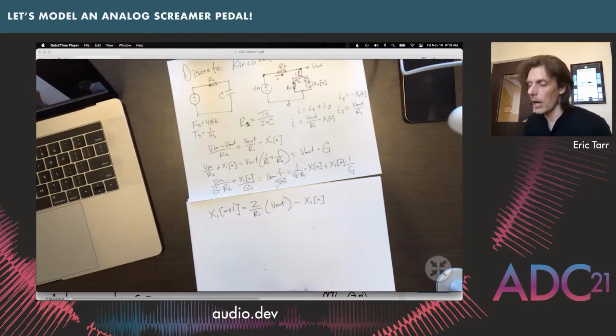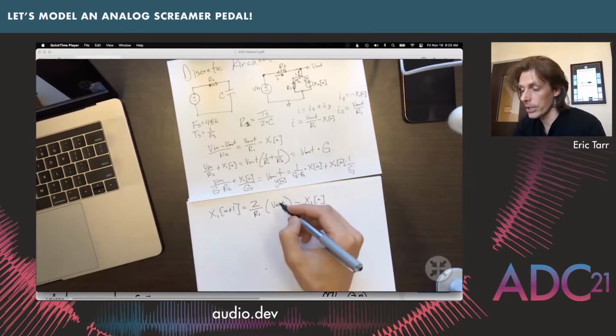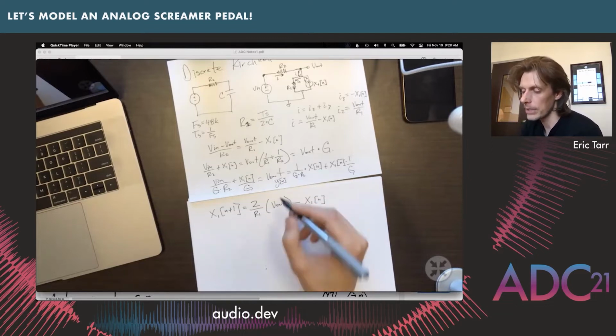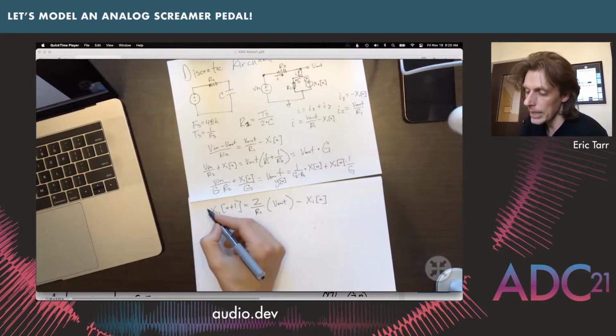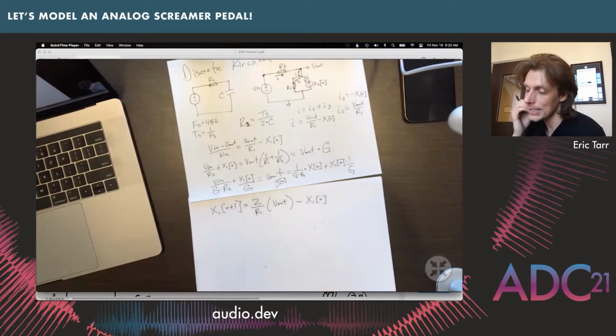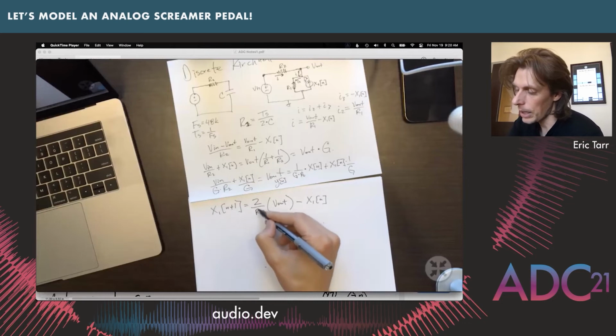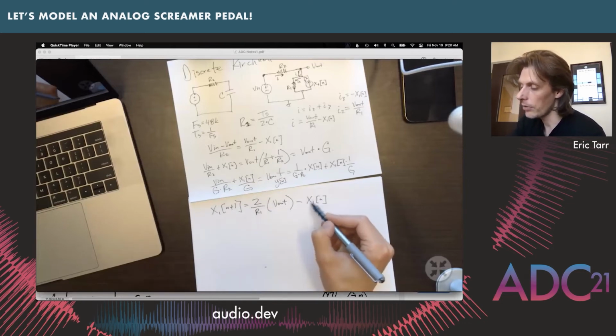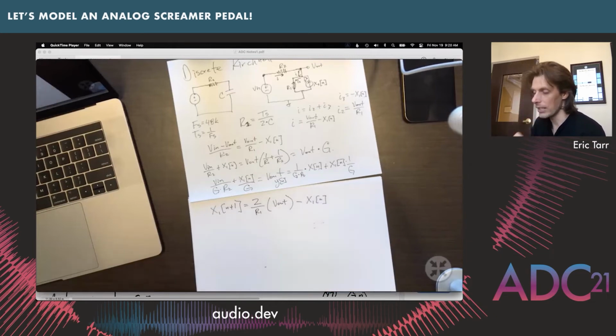Now it'll be slightly more complicated in other circuits for how you use this or how you come up with this voltage, but the concept is the same, and this is always going to be the form of the state update equation like this. So the resistor that you've substituted for it, 2 divided by that thing, and then you subtract off the current state for it like this.